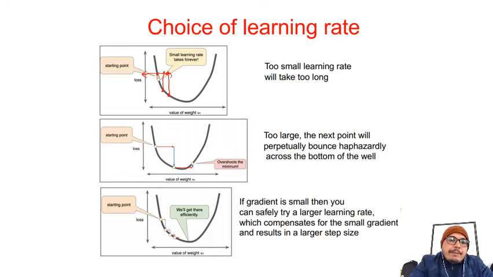For example, if you are standing here and you take a bigger step, you come here directly, and again you calculate a gradient. Again you take a bigger walk, and you just skip the minima at this point, right? Because you are taking very big steps here. If you are taking very small steps, converging to the unique minima will take forever. So this is a hyperparameter.